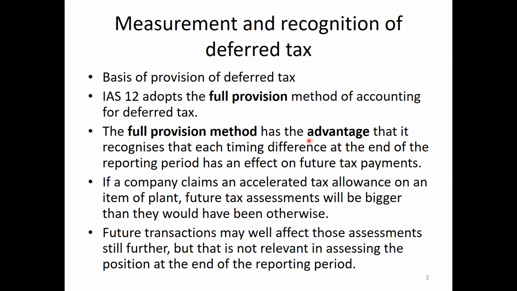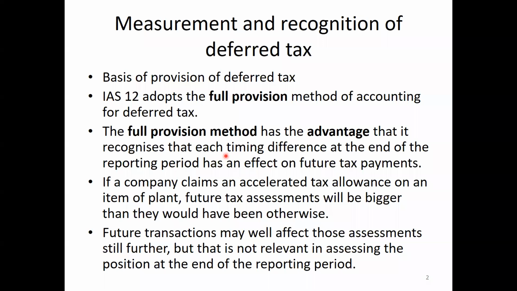The full provision method has the advantage that it recognizes each timing difference. So if there are any differences between tax base and the carrying amount, a timing difference occurs at the end of the reporting period.